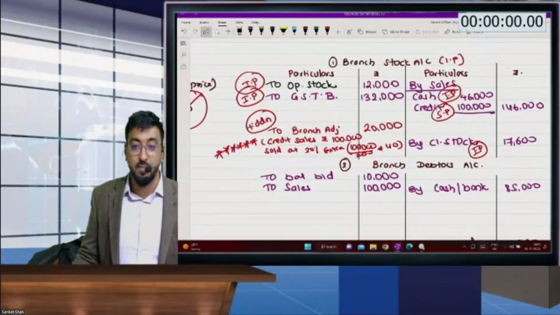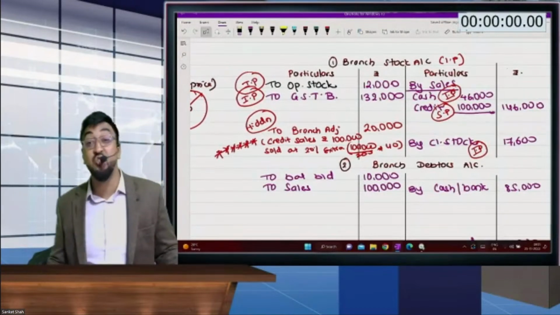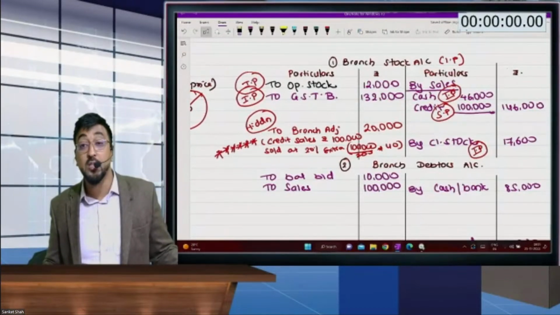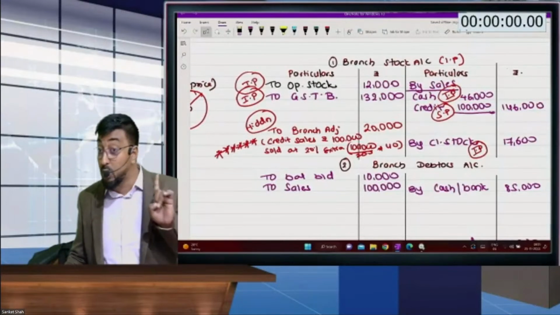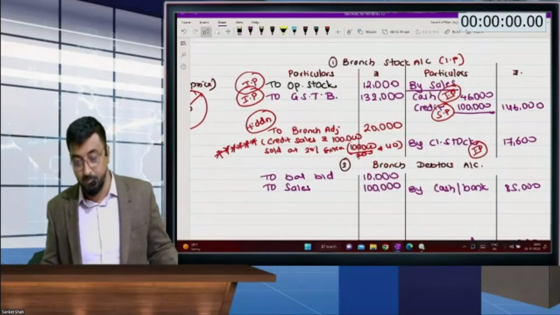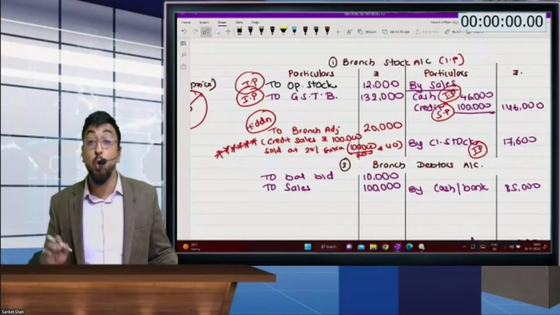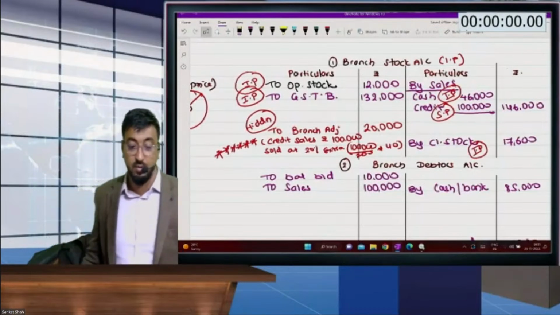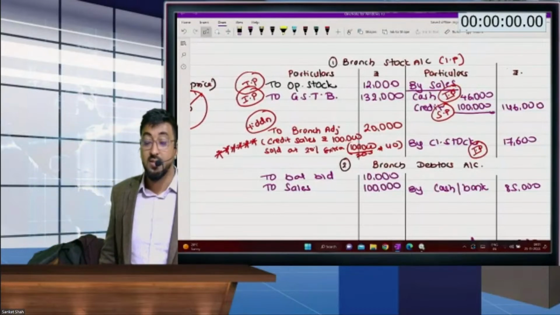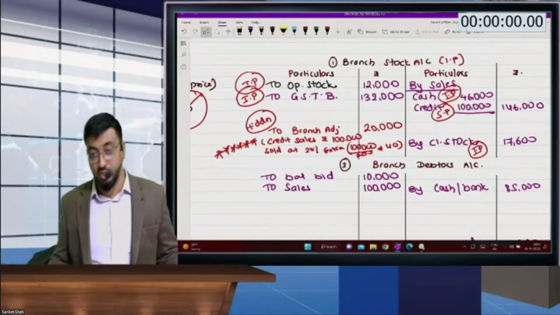Excess selling price over invoice price, and that we have to transfer to branch adjustment account. Where to transfer that excess selling price? Only on credit sales. Most important point of this question. This question you won't find in the study material. Study material mein we do not have such a question.